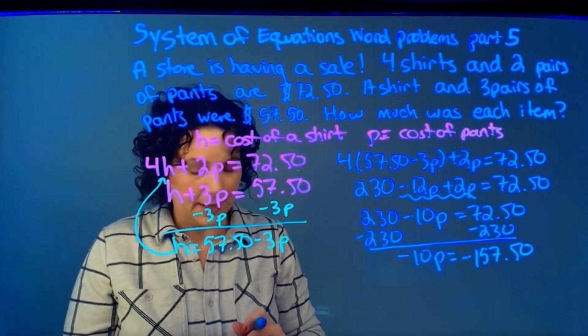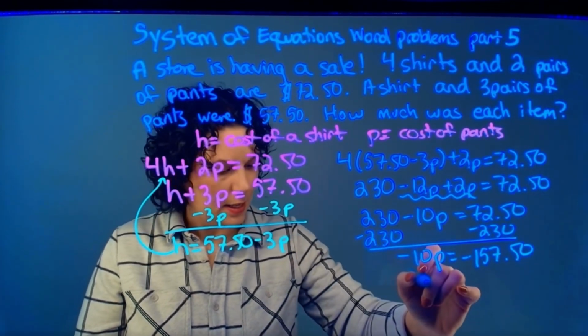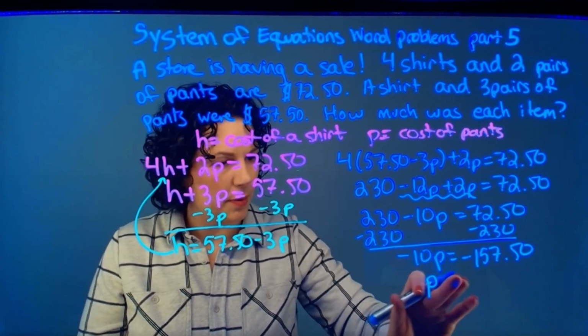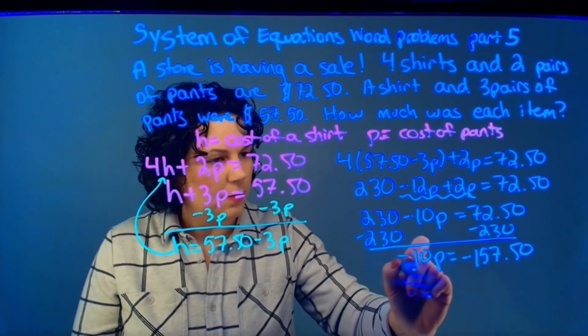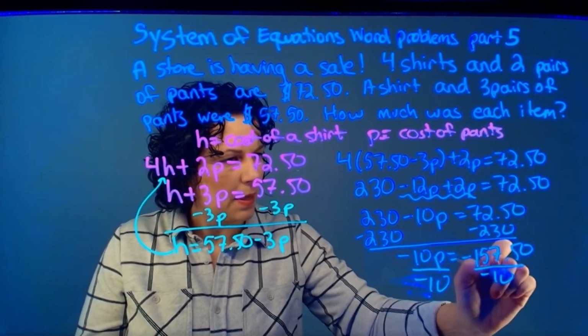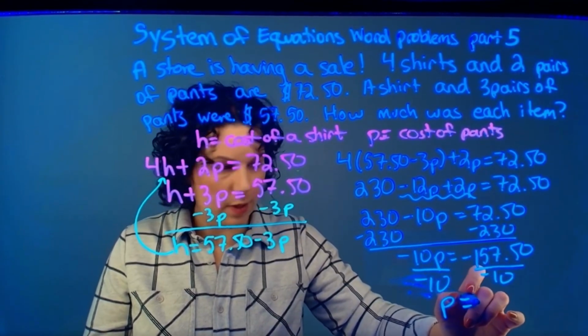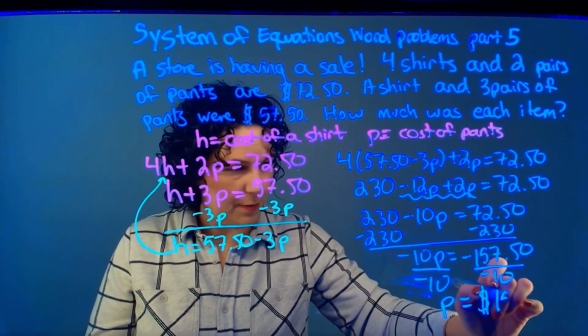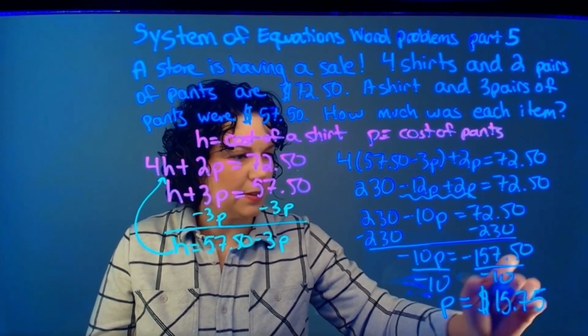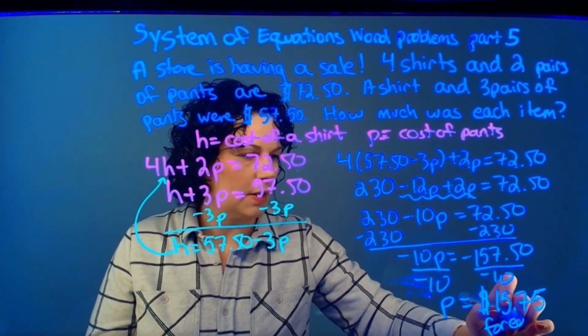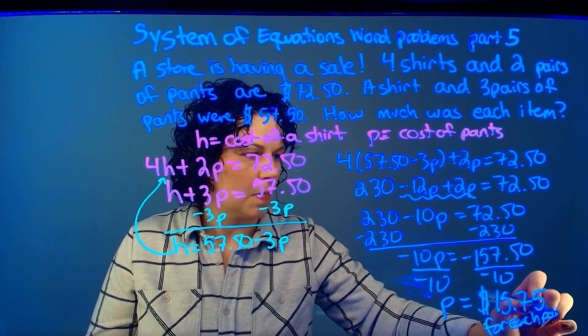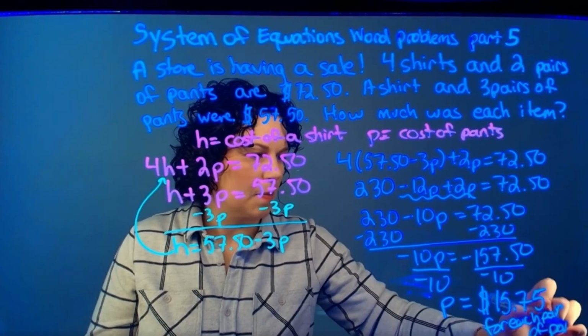Then I divide that by negative 10, and I'm going to get that, let me write my work down. Divide by negative 10, and each pair of pants is going to be $15.75 for each pair of pants.